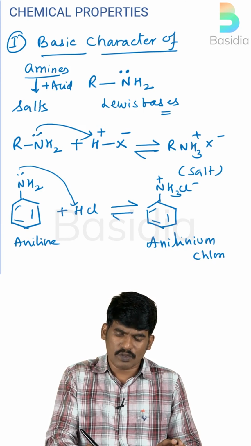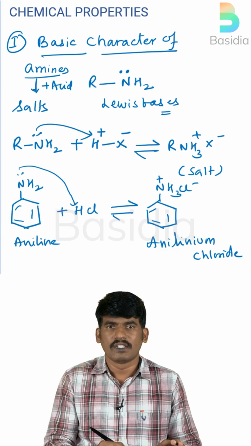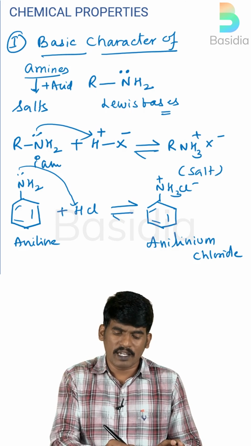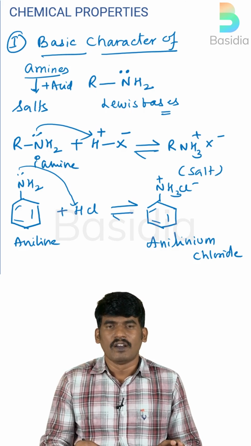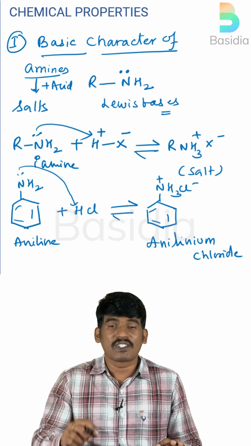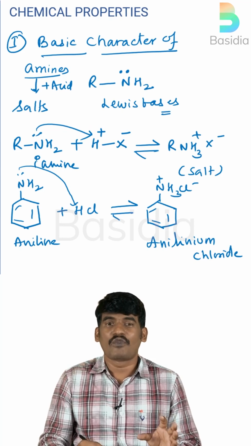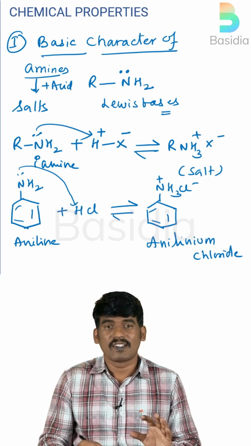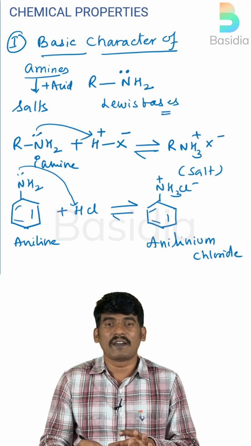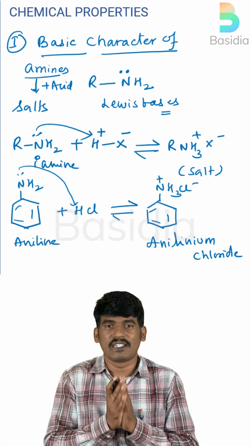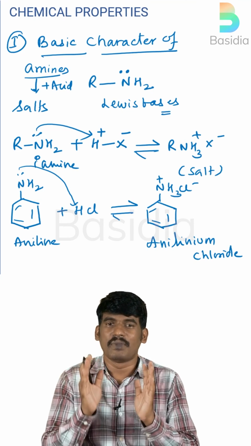In that case also, aniline is acting as a base. In the previous case, the primary amine is also acting as a base. The lone pair of electrons present on the nitrogen has been donated to an acidic hydrogen and it forms a salt. Hence, primary amines or aromatic amines can act as a base.